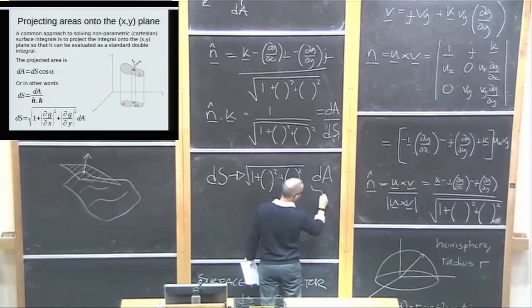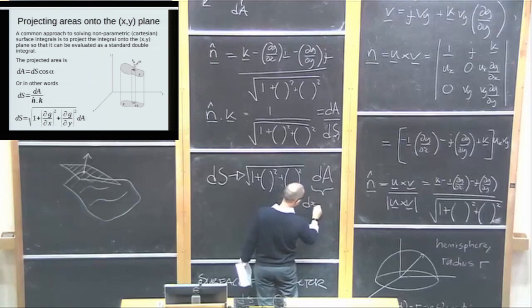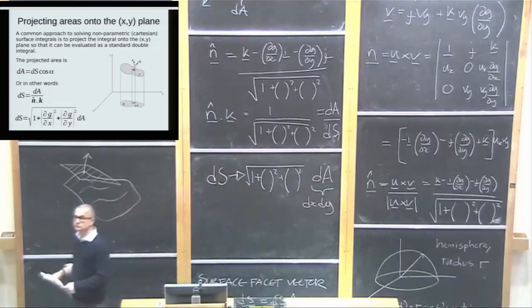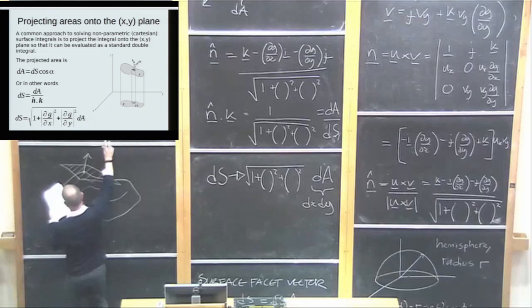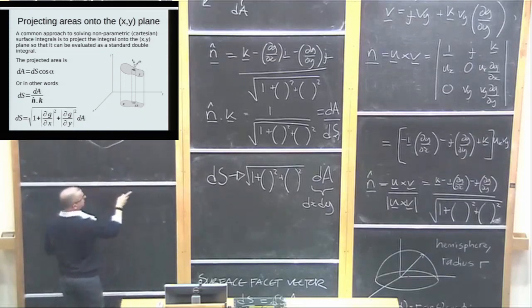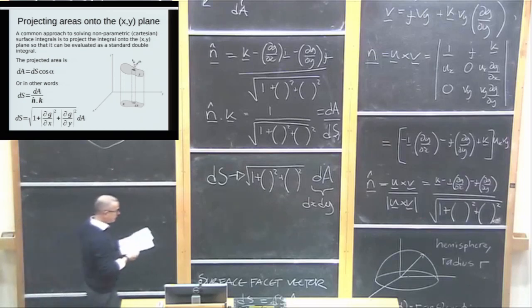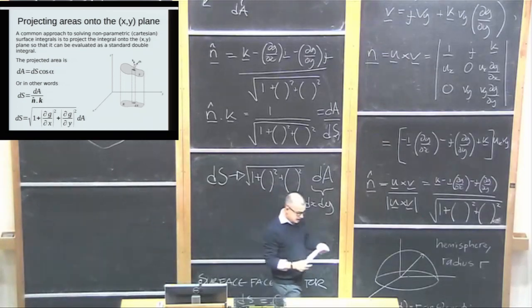And dA will typically be dx dy, because we're evaluating in the xy plane. We're going to go through some examples tomorrow, so this will embed a bit more clearly in your heads. But the nice thing about this, as you can probably intuit, is that this is going to cancel with our normalization term.